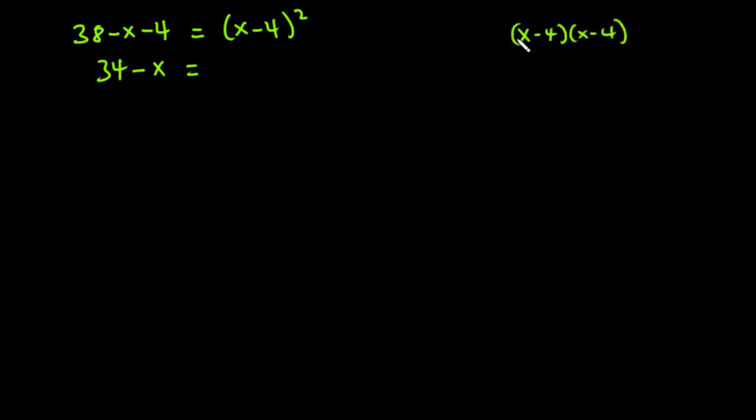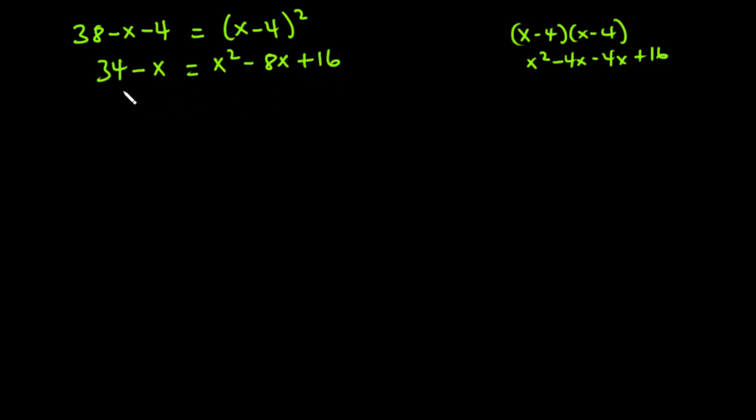So we have x times x, which is x squared, and then we have x times negative 4, which is negative 4x. We have negative 4 times x, which is negative 4x, and then we have negative 4 times negative 4, which is 16. So that is going to be x squared minus 8x plus 16.